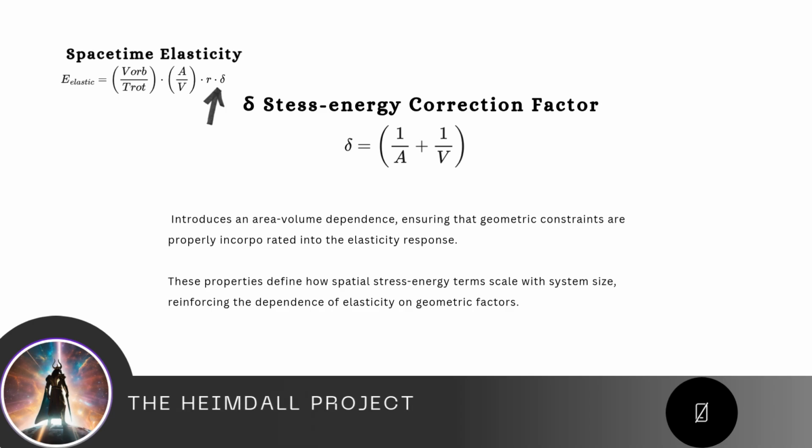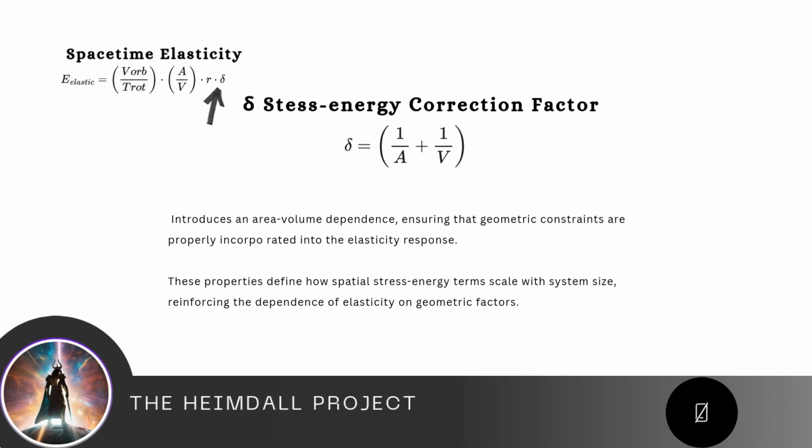So it introduces an area volume dependence. Our entire calculation relies not on the mass, but on the surface area and volume of the system interacting with spacetime, ensuring that these geometric constraints are properly incorporated into the elastic response. So what does that mean?